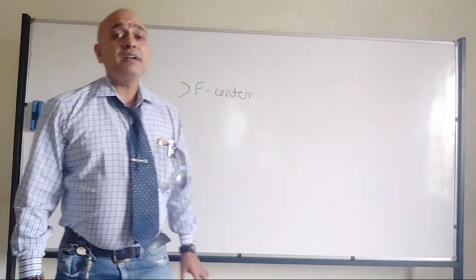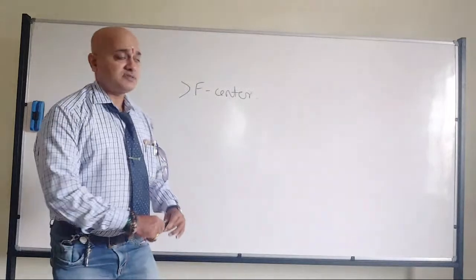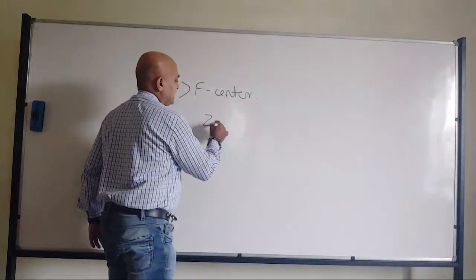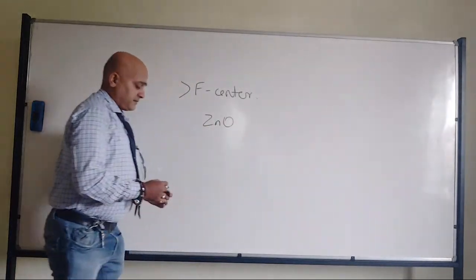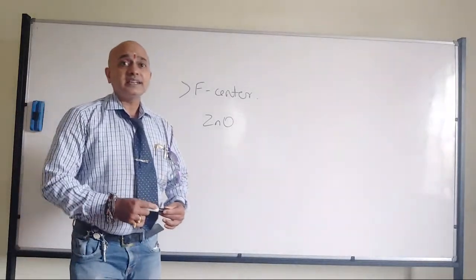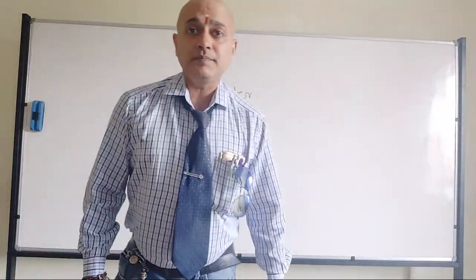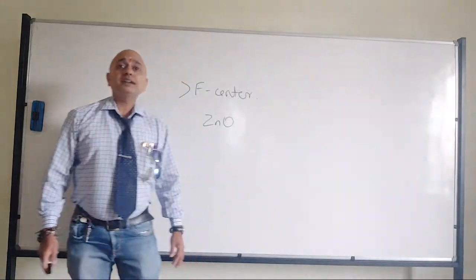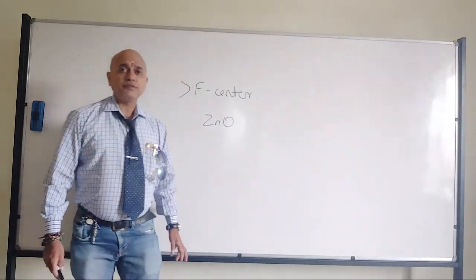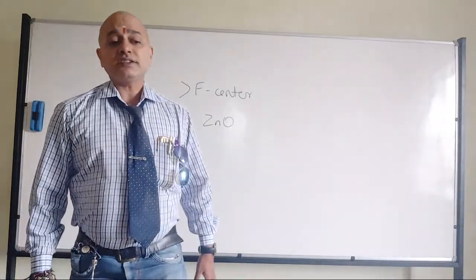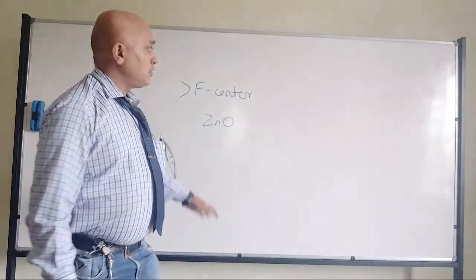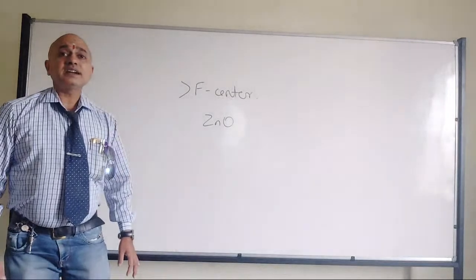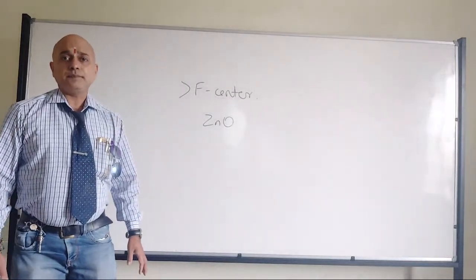Same way, we have another example, zinc oxide. When zinc oxide is heated, it will turn yellow. What is the reason? That is once again because of the metal excess defect, where there is formation of free electrons, which give the yellow color to the zinc oxide crystal when it is heated up.